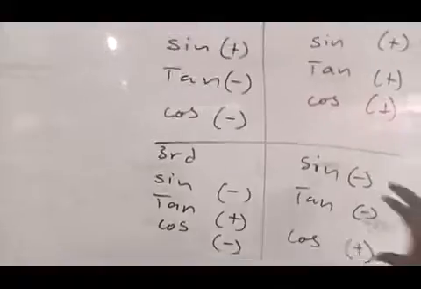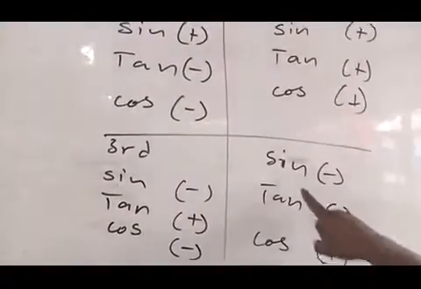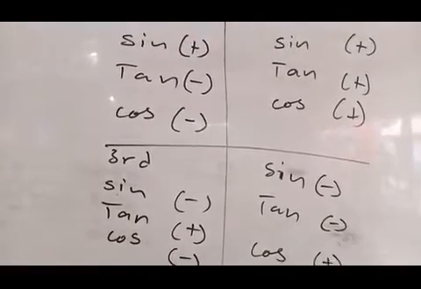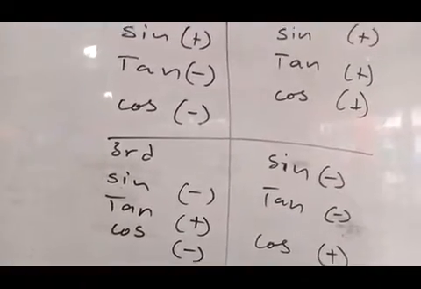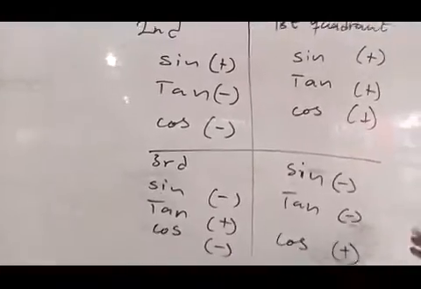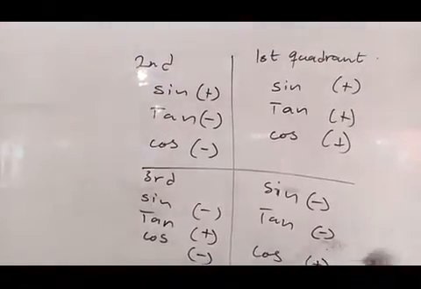Now, looking at this diagram, we realize that this is the 4th quadrant, and the 4th quadrant has sine to be negative and also has cos to be positive. So it means that the one we use the cos in solving is going to be multiplied by positive.